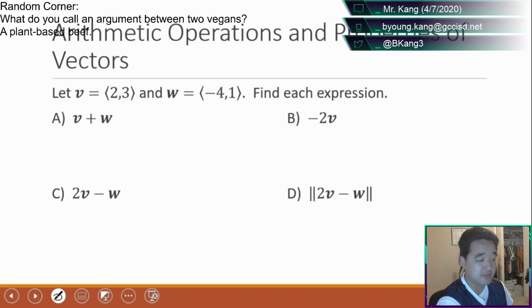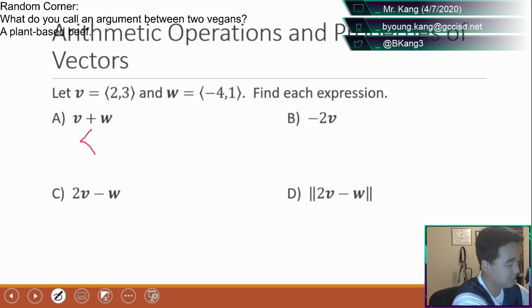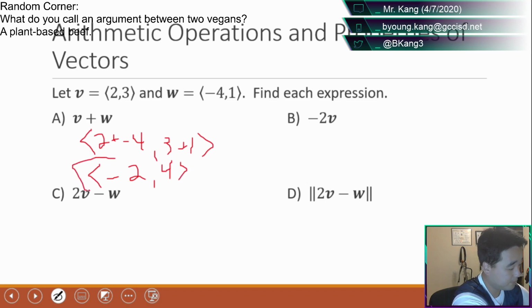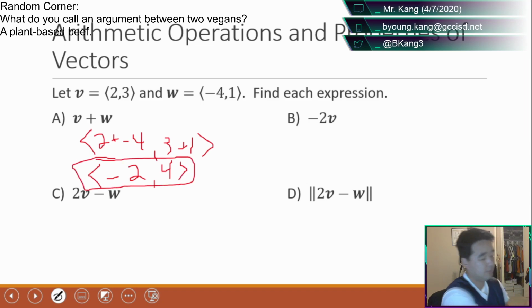Or since they're position vectors and they both have the same initial point, if you want the new x and y coordinates, you're just going to add the x's and y's together. So that makes this nice. So we just get 2 plus negative 4, comma 3 plus 1. So here this answer is negative 2, comma 4. If you just think about a quick sketch, if you draw them out, you could see it too.